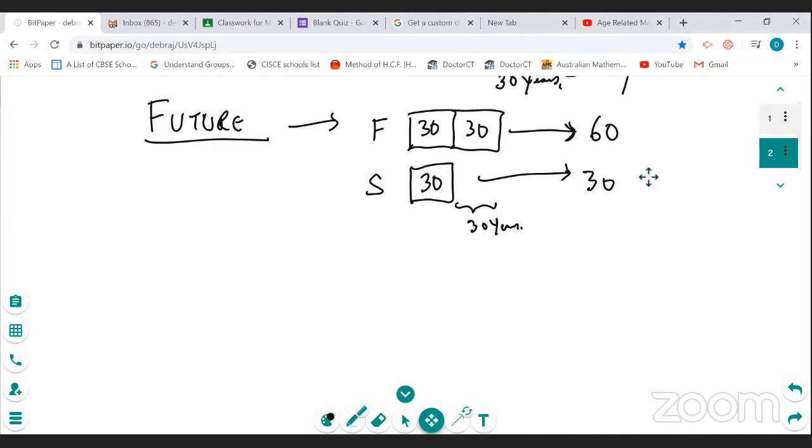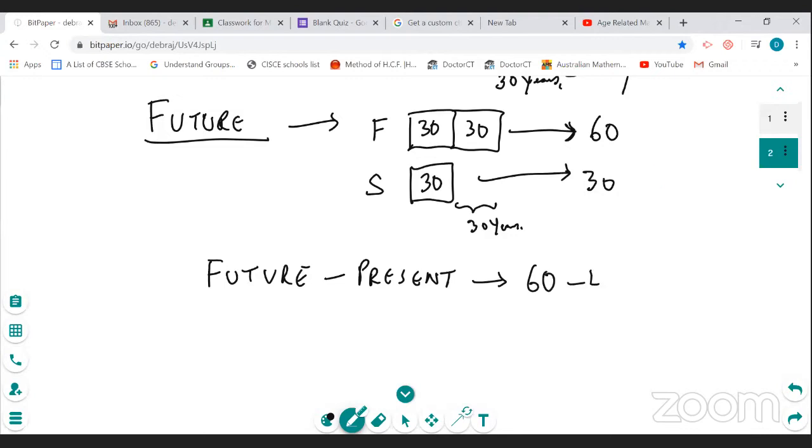So we'll see that will be future minus the present ages. So presently father's age is 40, and in future at that time father's age will be 60, so 60 minus 40. Or we can say that presently the son's age is 10, and at that time the son's age will be 30, so 30 minus 10 is equal to 20 years.